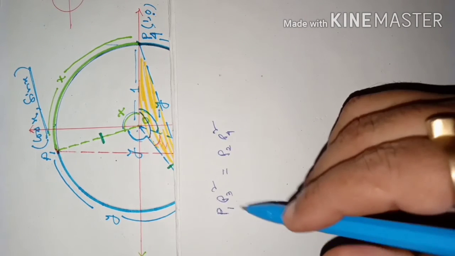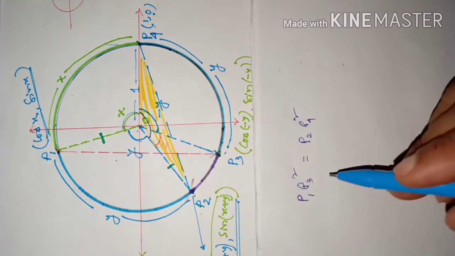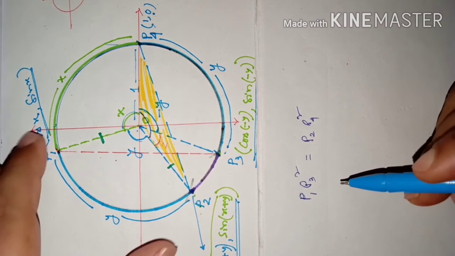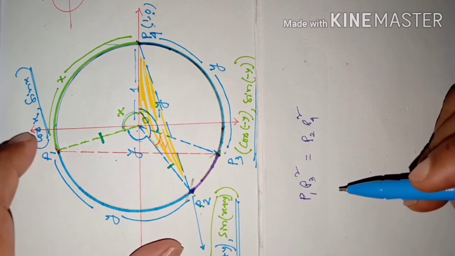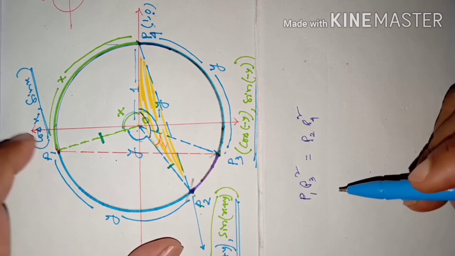So P1P3 square, you can say from the diagram. Here what is the abscissa? Cos x.